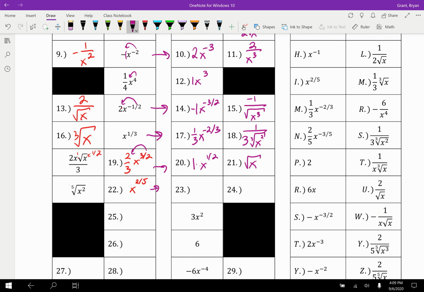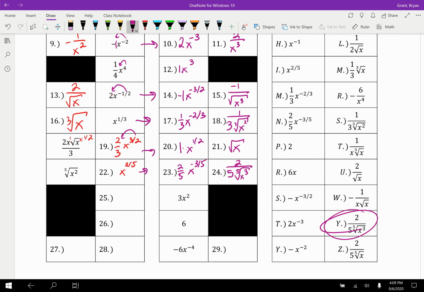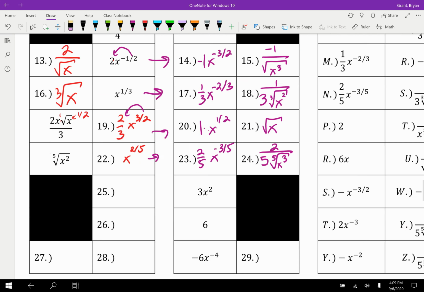Nice. 2/5 comes down. X to the subtract 1, I think that's negative 3/5 there. That seems pretty gnarly. When we rewrite, the 2 stays up top, the 5 is already in the denominator, and then we have the 5th root of x cubed. I want to double check that. Did I get it right? I did. That's a y over there. Good. I'm glad that matches. I was a little worried.